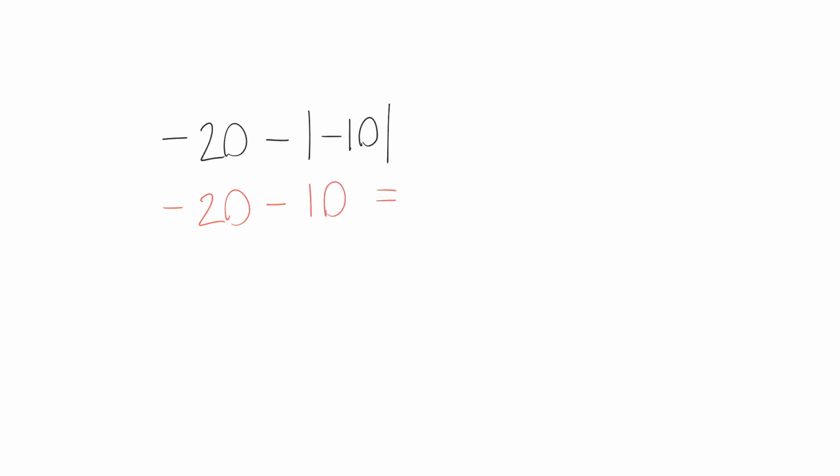So -20 minus 10 equals -30. Now remember earlier I told you that the absolute value must be positive. Don't let that confuse you. This is a negative answer, but the absolute value of -10 was 10. We subtracted it from a negative number, and that's allowed. But when we took the absolute value of the value inside the bars, we always will have a positive number.